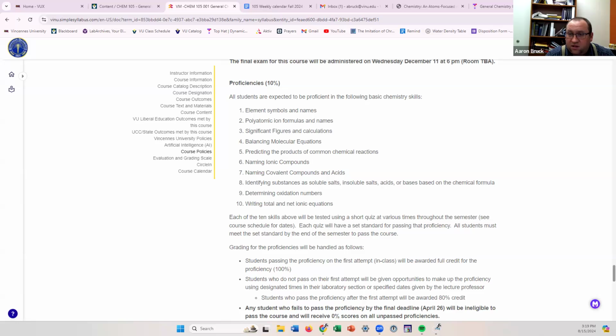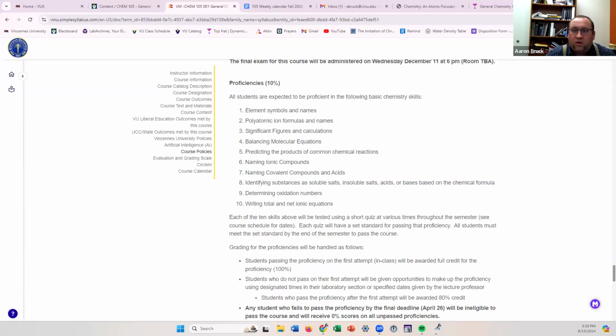Now, the concepts here start with very, very simple concepts, things like knowing your elements and symbols, knowing your polyatomic ions, knowing how to name stuff, knowing how to calculate things and round them to the proper significant figures, and get more complex as we go along. Things like solubility rules, being able to determine oxidation numbers in a redox reaction, being able to write ionic and net ionic equations, which is by far the most difficult one of the 10.